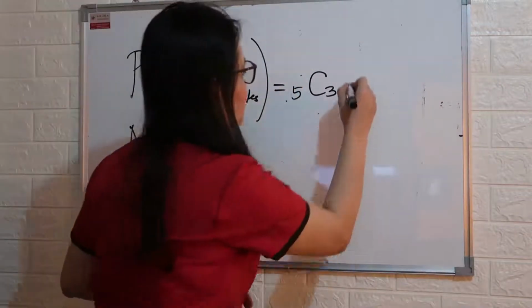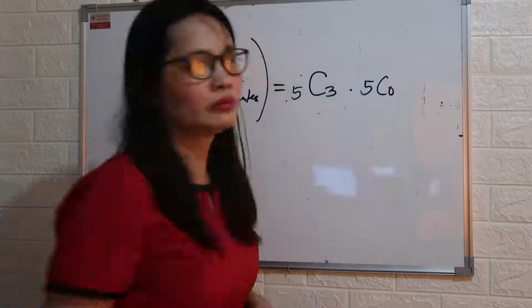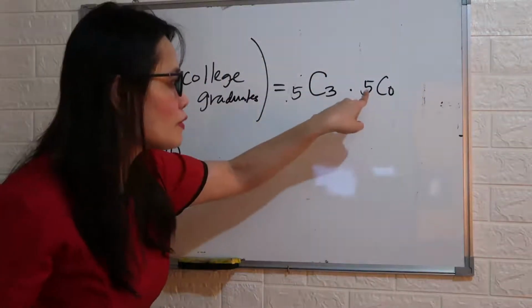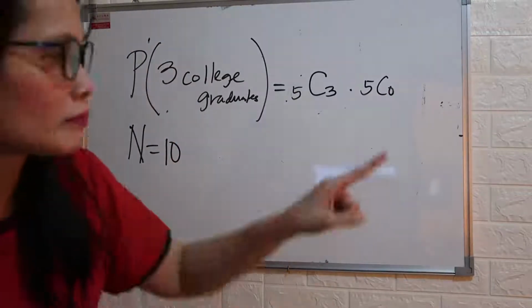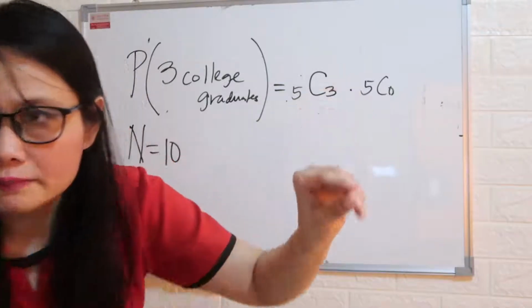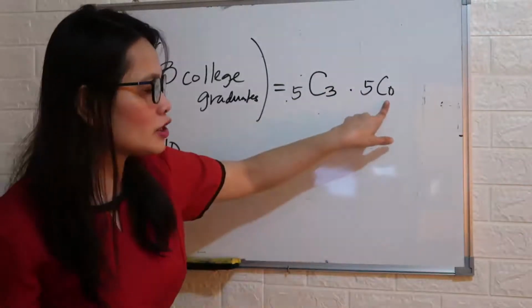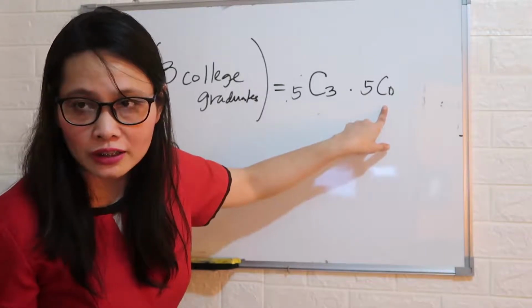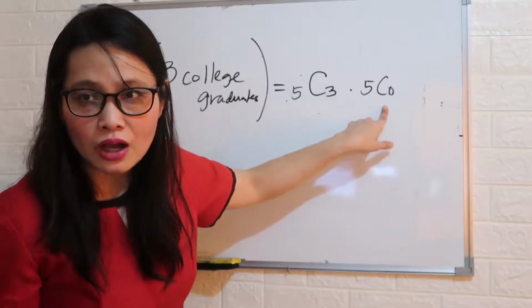Multiply it by 5 taken 0. Why is the other group 5 taken 0? There are no people there that are college graduates.